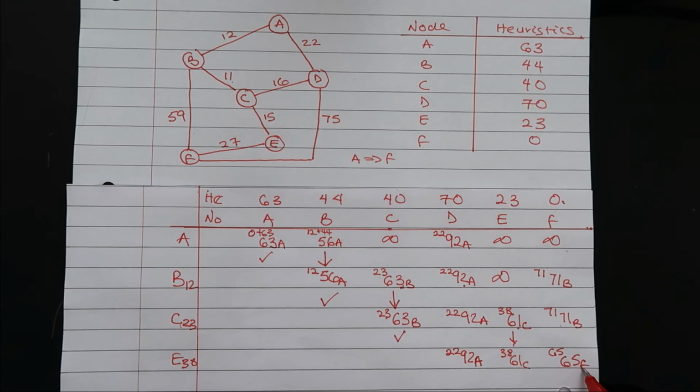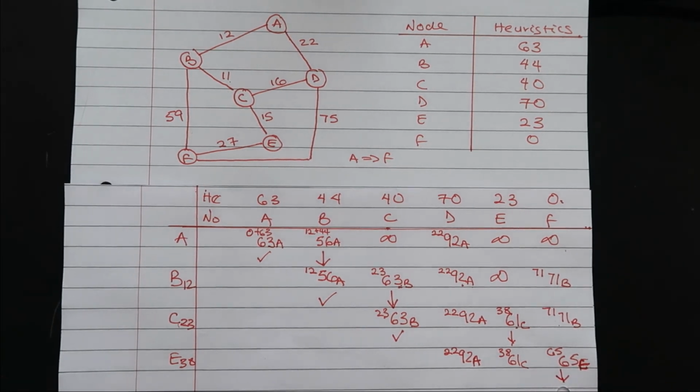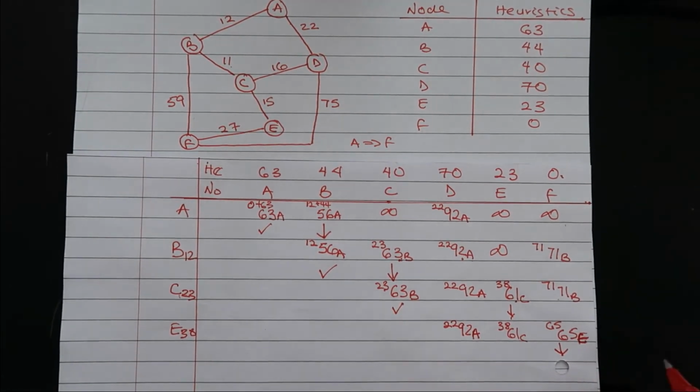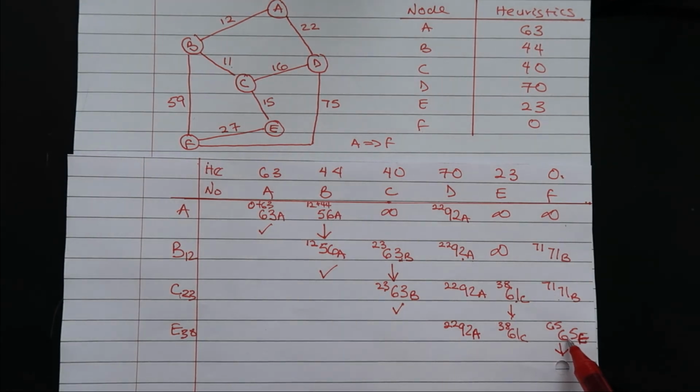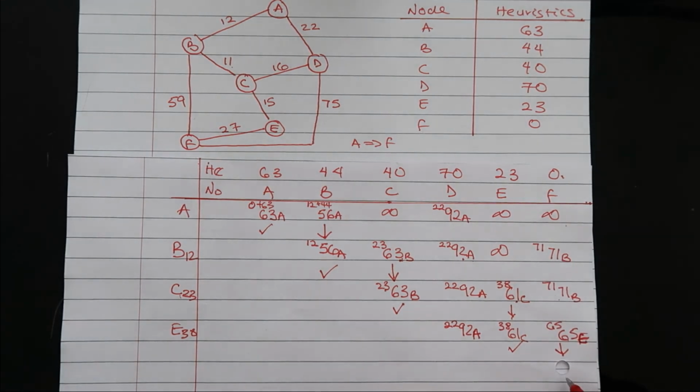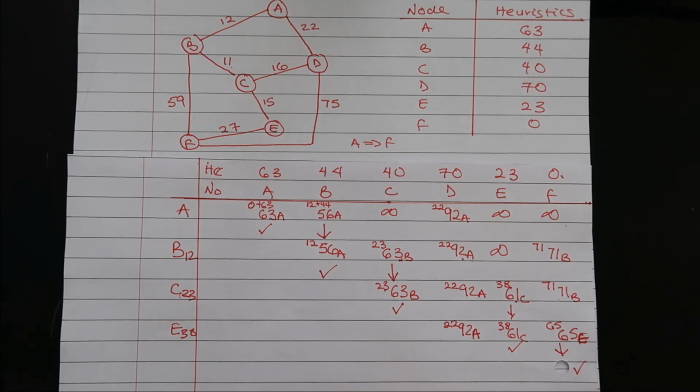And that's coming from E. Now, at this point, the smallest node remaining for me to explore is actually 65, because I've explored all of E. The shortest node now is 65 here, and I will stop. Because I'm now exploring F, I'll stop in an A-star search. I don't need to explore all of the nodes.